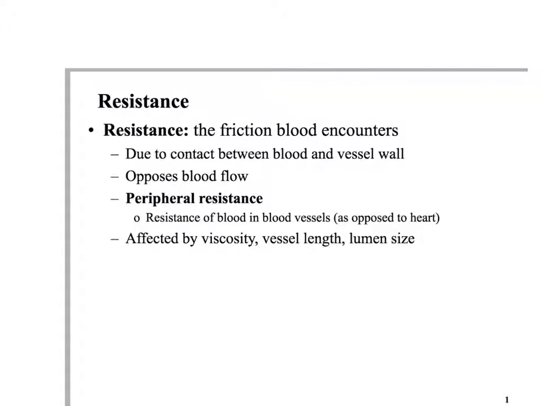Okay? So it's due to contact between the blood and the vessel wall. Friction opposes the flow. Resistance is opposition. All right, so resistance is opposition to blood flow. And what we're really talking about in this case is peripheral resistance. We're going to be talking about this quite often today.